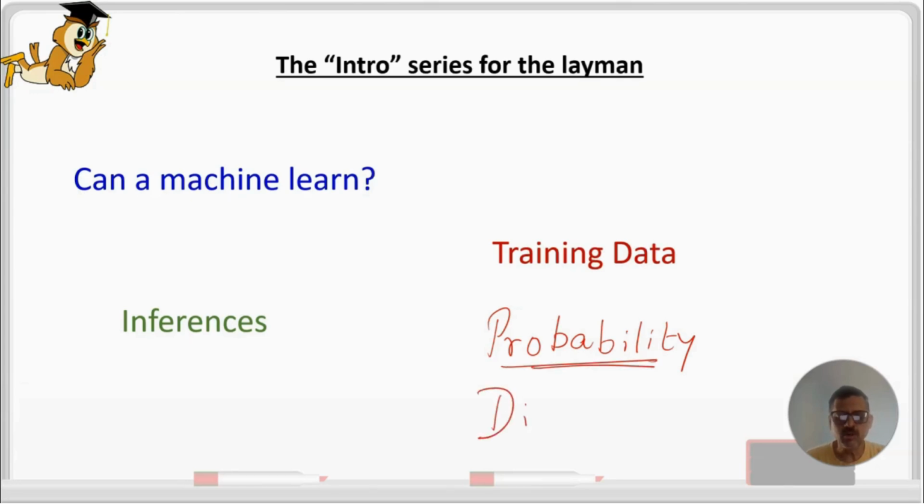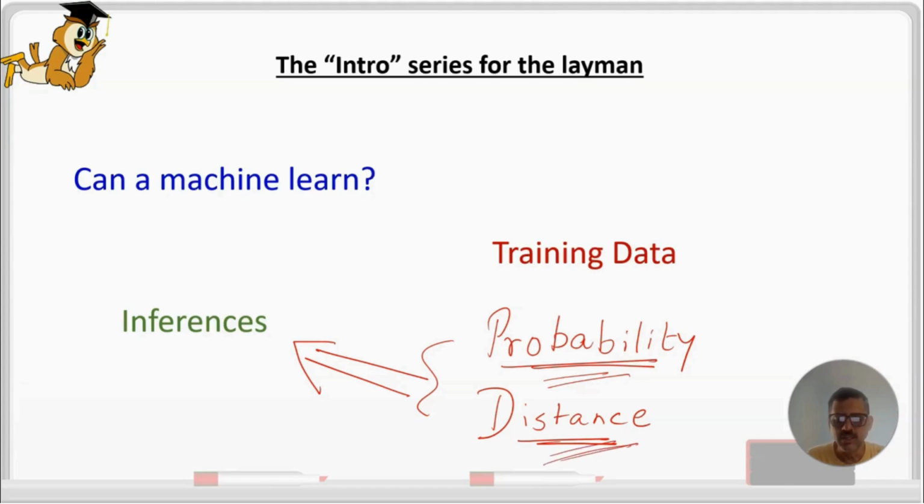And we also talked about the idea of distance. So these two underlying ideas we took as examples, and we then saw how these two ideas could help you build inferences based on training data, right? And then we sort of convinced ourselves that machines could actually learn, and the idea of machine learning actually comprised building these inferences, and the underlying ideas there were probability and the idea of distance. So that is what we did in that introductory series.